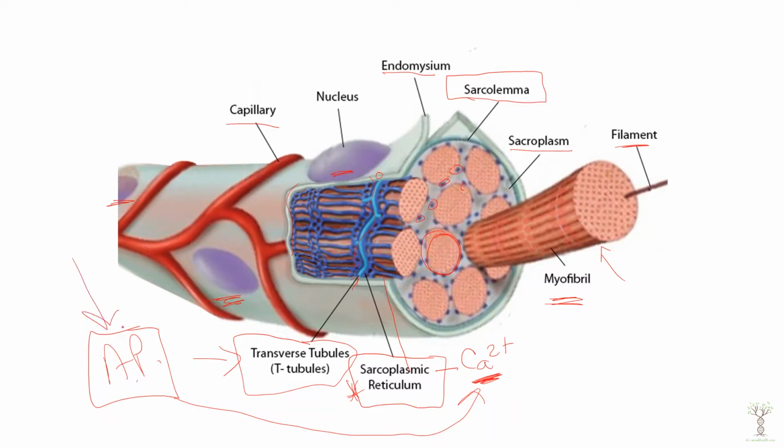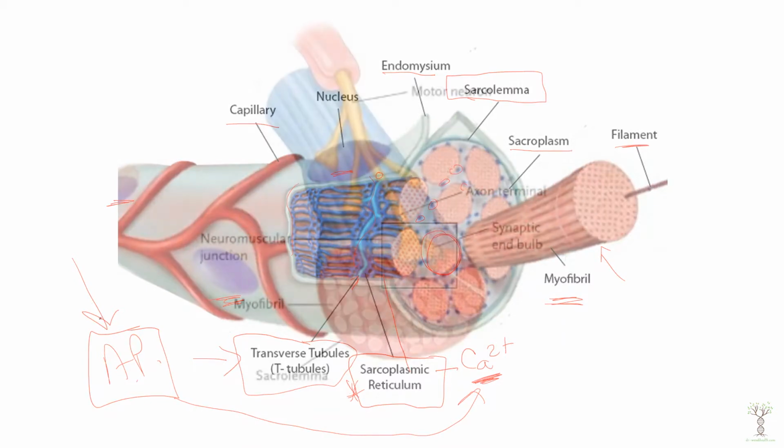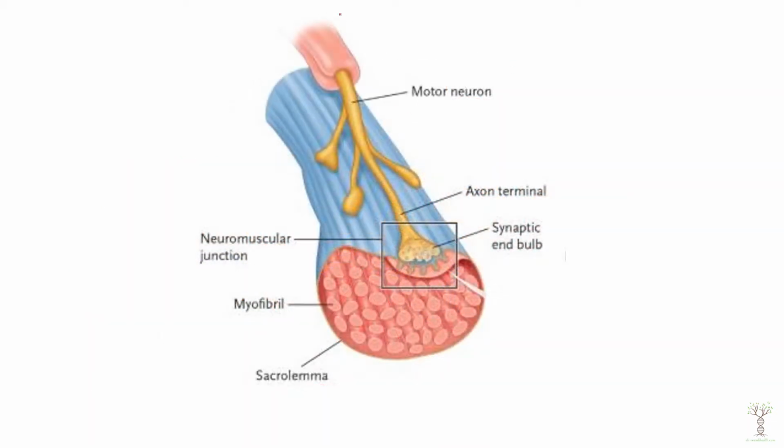So, how do we get an action potential to occur in the muscle cell? The action potential has to be triggered by the nervous system. So here we have a motor neuron, and this is bringing an action potential down the motor neuron. So remember, when we have an action potential, we are going to depolarize the membrane and then repolarize the membrane.